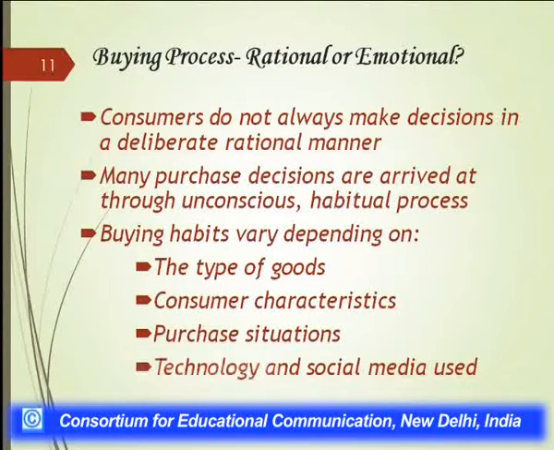For example, the type of goods can be classified as convenience goods, shopping goods, specialities, and services. Now, a consumer will not behave in a similar fashion while exercising consumer behavior with respect to convenience goods as one would in the case of buying a speciality. The convenience goods are the goods which are bought on convenience.